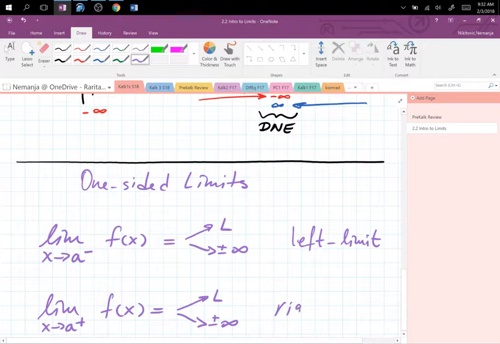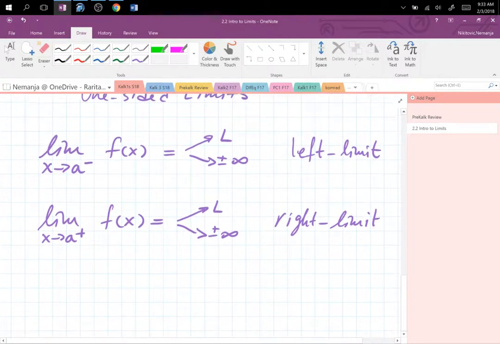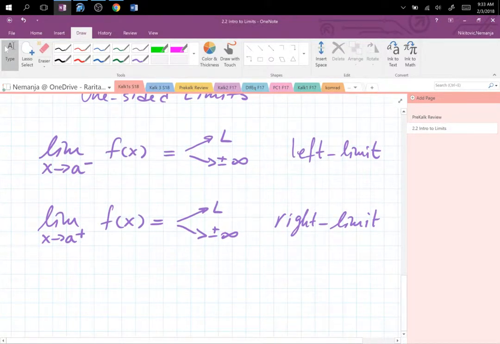This is the right limit. So you are focusing again on the minus and the plus. If you have a minus or a plus, those are one-sided limits. If you do not have a minus or plus, those are the overall limits.